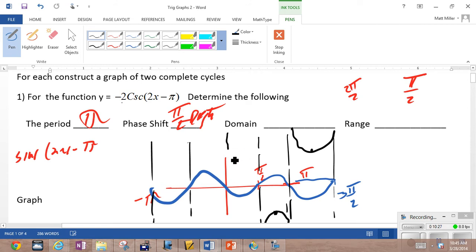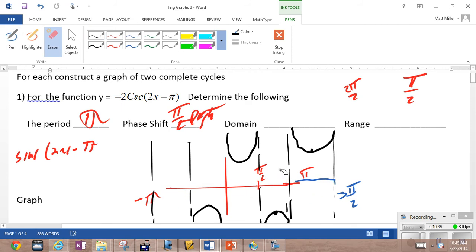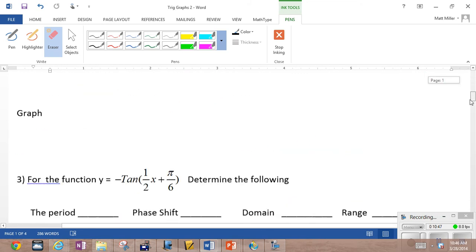Okay, and then that should be pretty much that graph. At this point, if I want, I can erase this, and there's my graph of that secant function. So there's some questions answered. Let's see if there's anything else here.